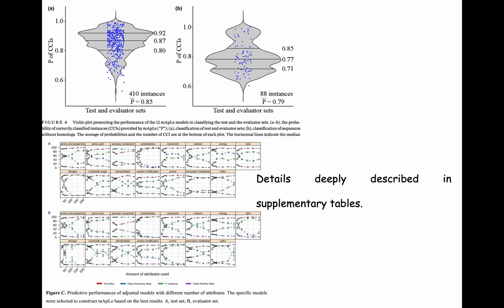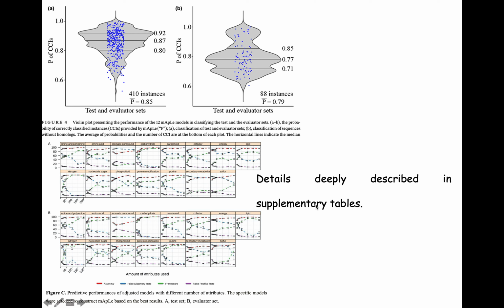Indeed, we present here classification of instances that are unknown to the models. We can see a very high predictive performance, right? And with this data, we also confirmed that mApLe does not have a bias concerning species or some peculiarities of species or homologies, and so on.